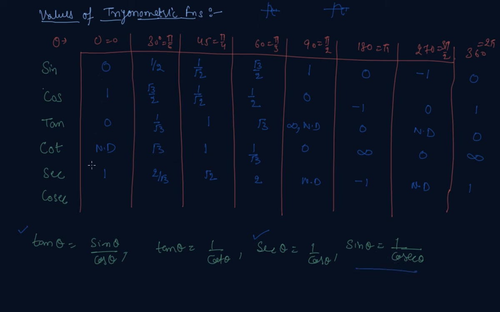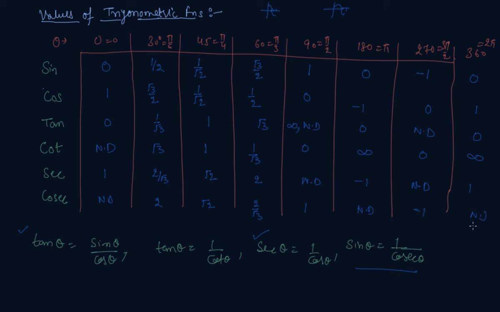So from looking at the values of sin theta, this is not defined here, then 2, this will be root 2, this will be 2 by root 3, and this will be 1, then 1, 1 by 0 again not defined. Okay, and it is minus 1, and it is not defined again.